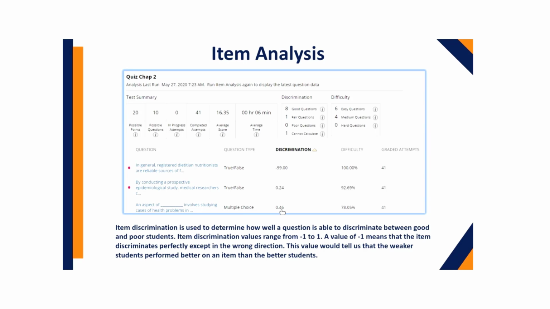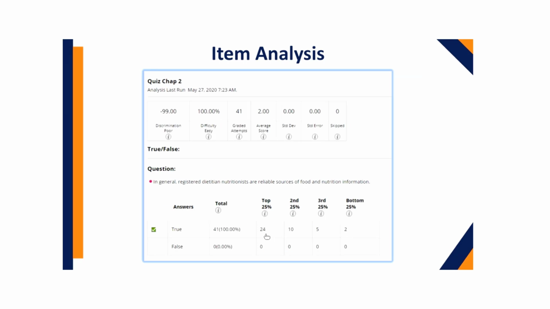And for this one, I can click on the question, and then I can see that 100% of the students answered correctly. No one answered false. And then students that received the top 25% on that test, 4 of them answered true to this question, and they all got this correct.